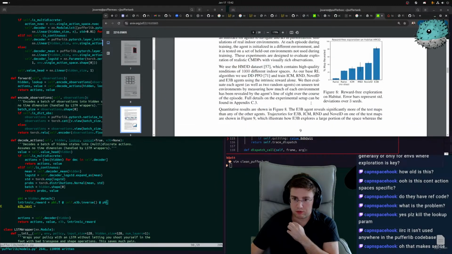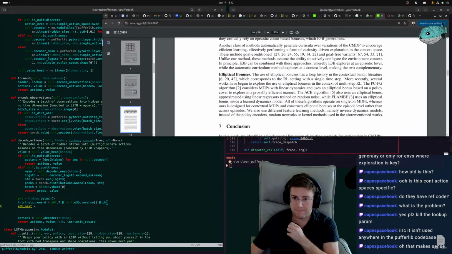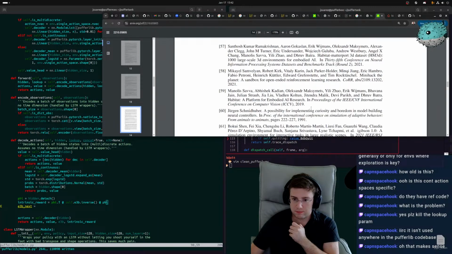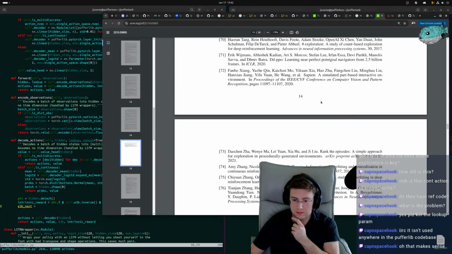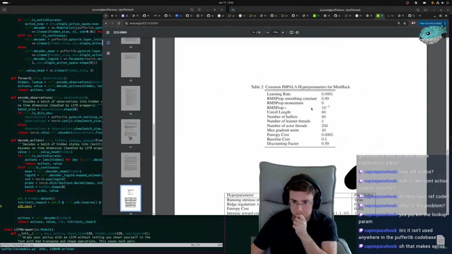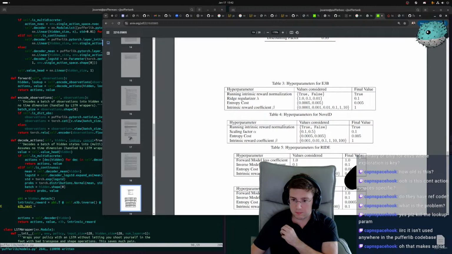They said it was pretty robust to lambda. Final value 0.1. 1 is what they use.